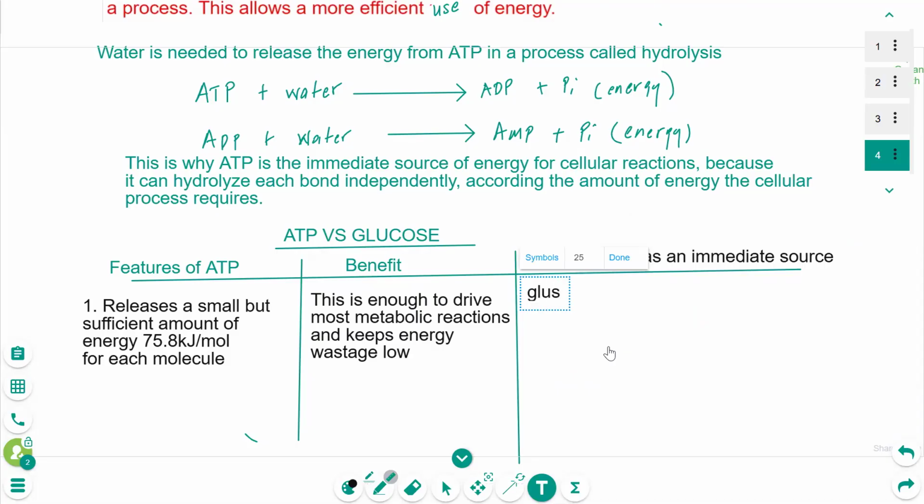Glucose gives 2,880 kilojoules per mole, which is in excess of what is required for most metabolic reactions.